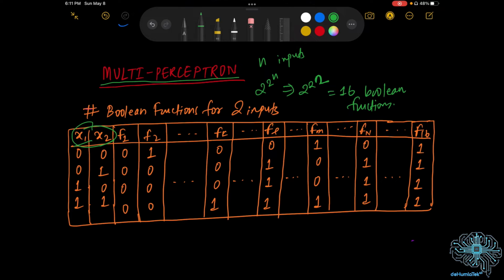If we look at this table, the Boolean functions range over all 16 different possibilities.